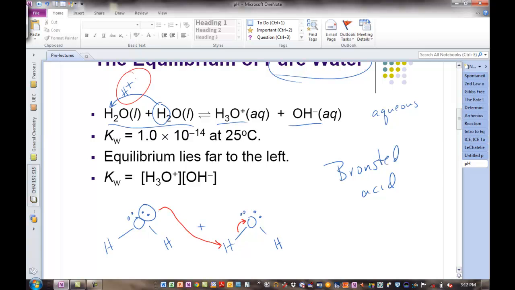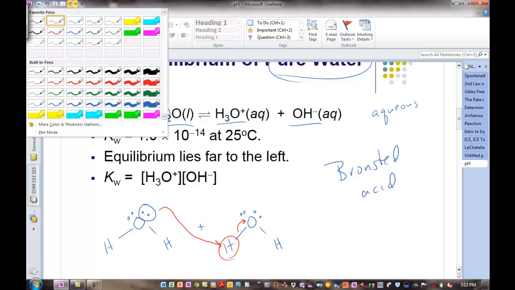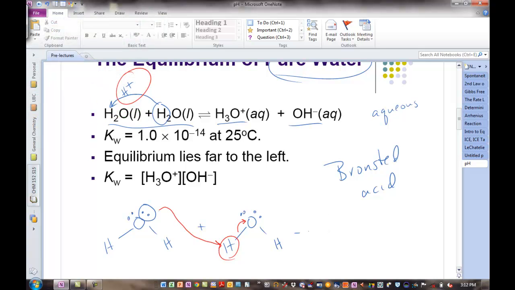This H+ doesn't just jump off one water and jump over to the other. It's really this water molecule saying, I'm going to take that hydrogen from you. I'm going to use my electrons to come over and grab that hydrogen away. When we do that, we end up making, well, I'm not going to draw the correct structure here, but you get the idea.